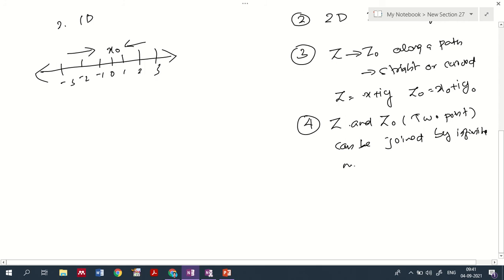Infinite number of curves can be accommodated in order to connect z and z0. But in the earlier case, the real variable, which is a one-dimensional case, we are approaching only from the left and right side of the number line, toward x0.